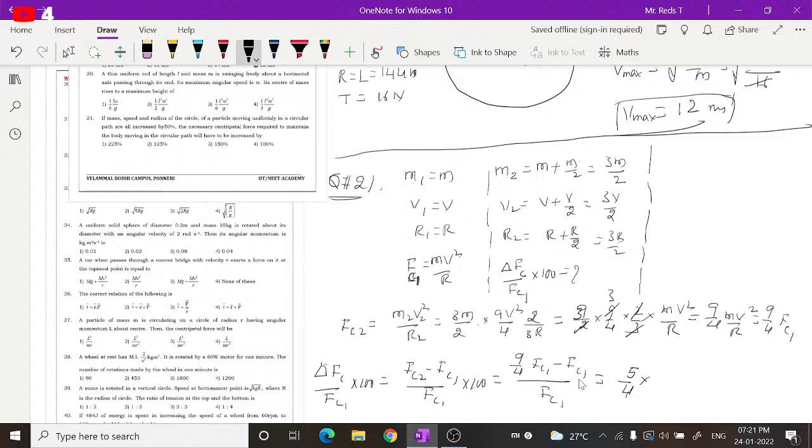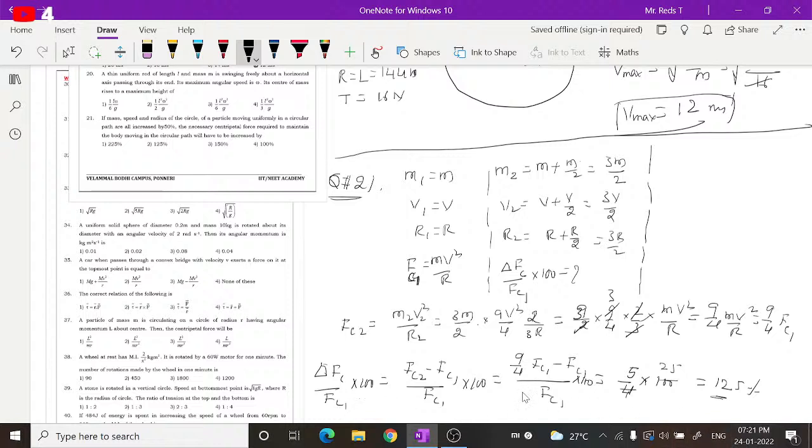We forgot the into 100, guys. 4 twos are 8, 4 fives are 20, 25 fives are 125. We can write it as 125%. This is called the percentage change. So delta FC by FC1 into 100 is equal to 125%.